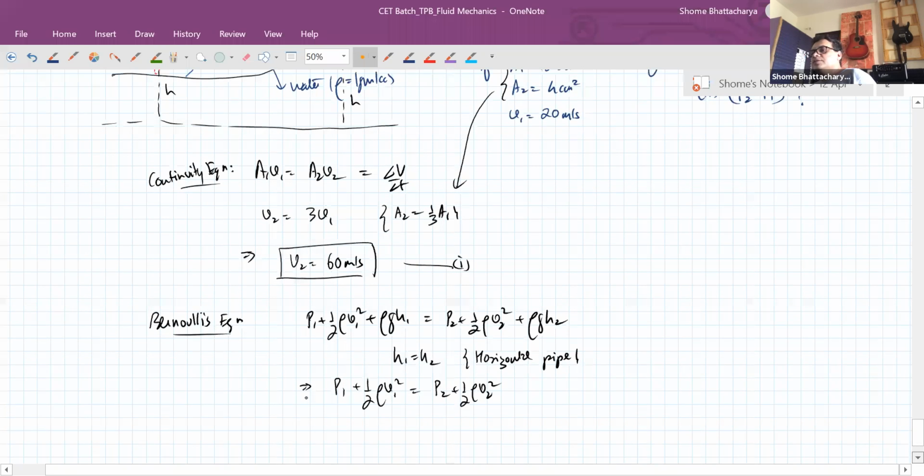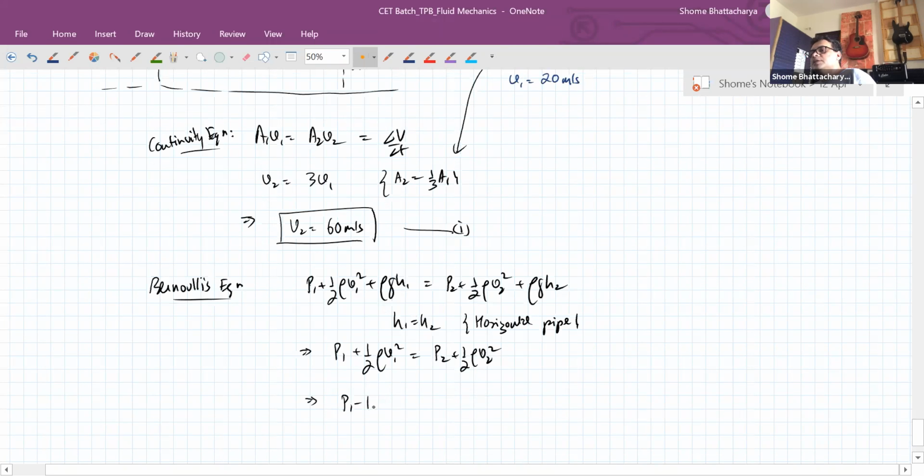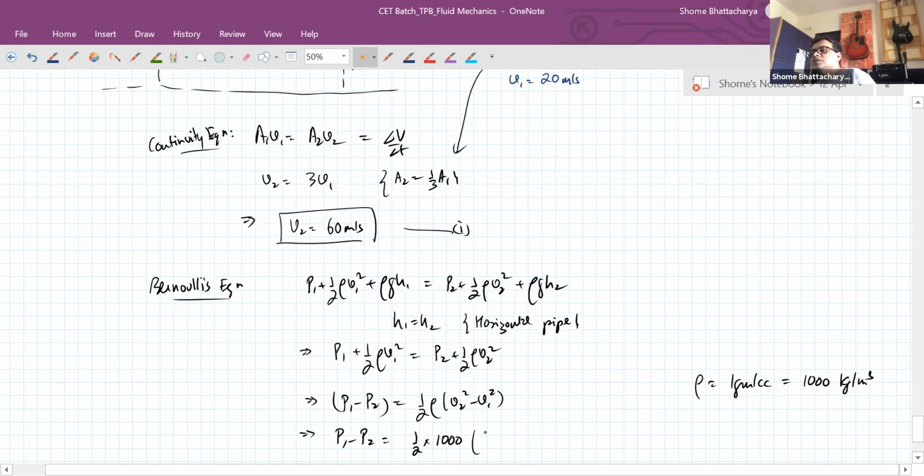So now we can see the pressure difference between these 2 points, P1 minus P2, can be equated with half rho (V2 square minus V1 square). So this pressure difference which we wanted to find out is half into density of water, 1 gram per cc, which we will convert to 1000 kg per meter cube, into V2 square, which is 60 square, minus V1 square, which is 20 square.